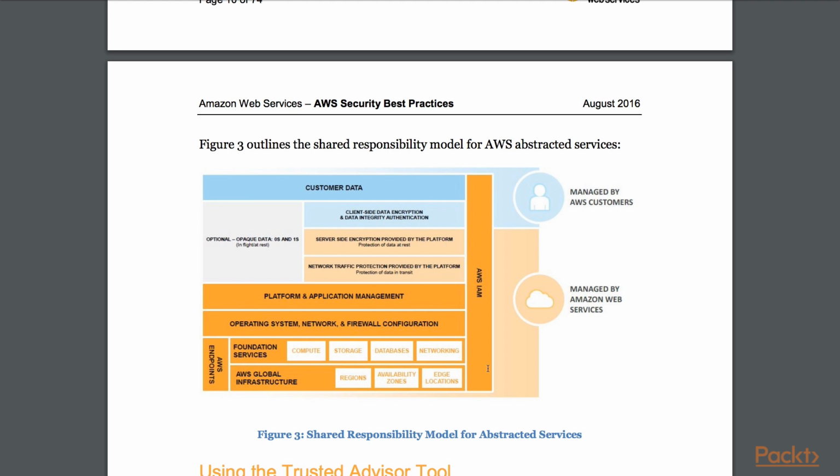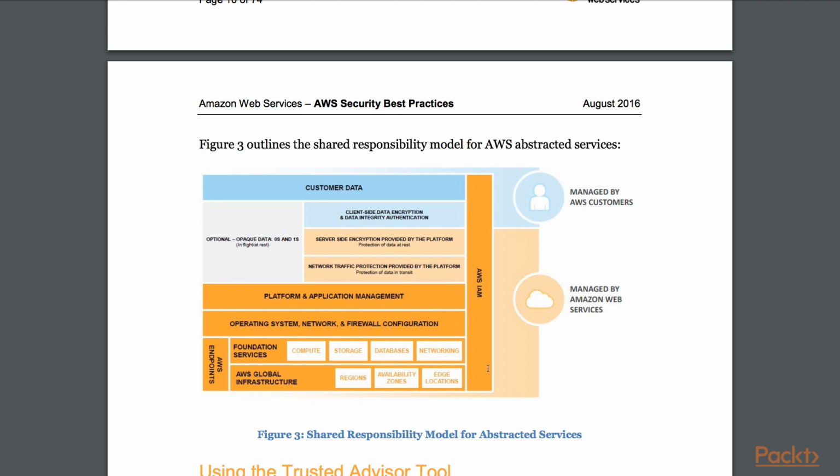And we have seen that you can enable these if you want to, for example, with client-side data encryption and data integrity authentication, as well as you are responsible for managing your customer data. We've seen that AWS offers these particular options for you, but for example, with S3, you still have to go and specify that you want encryption to happen.